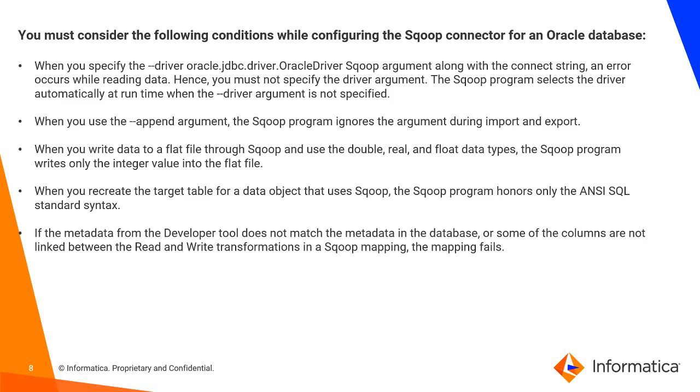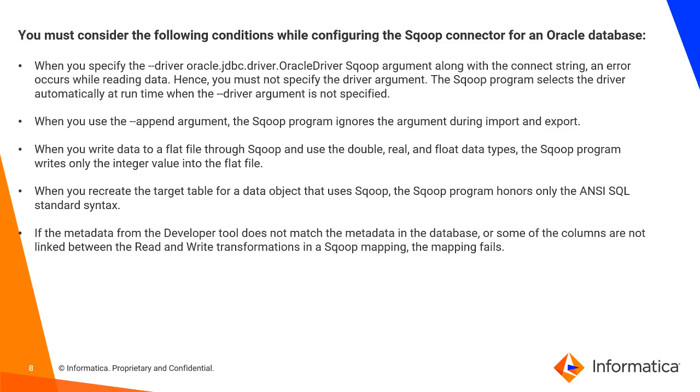When you use the append argument, the Sqoop program ignores the argument during import and export. And when you write data to a flat file using Sqoop and use any of the double, real, or float data types, the Sqoop program writes only the integer value into the flat file.